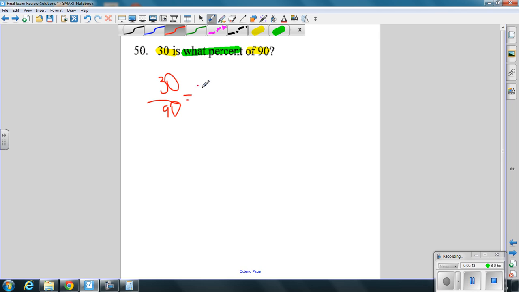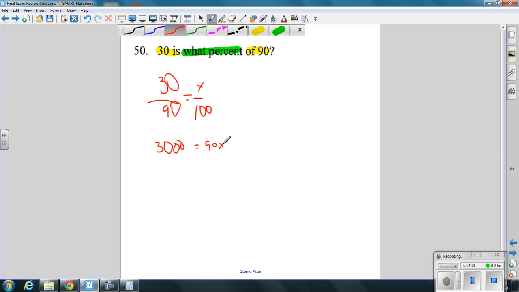equals x over 100. So we can take the cross product for this one and do 100 times 30 to get 3,000. And set that equal to 90x.